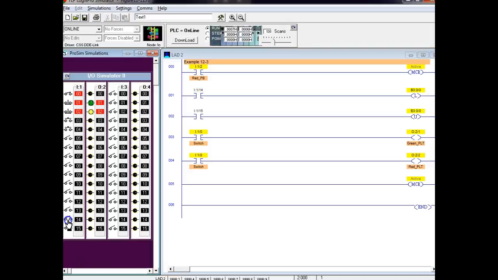So latch, unlatch. Latch. Looks like the unlatch has priority over the latch too. Okay, so let's latch it because I think retentive contacts are supposed to stay true.